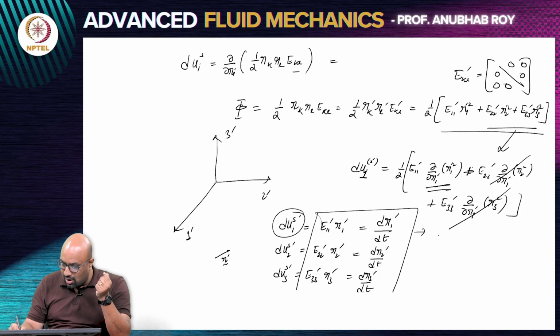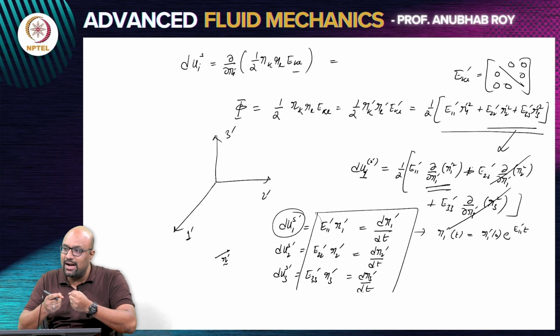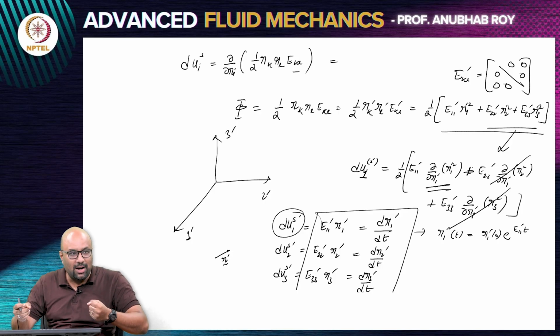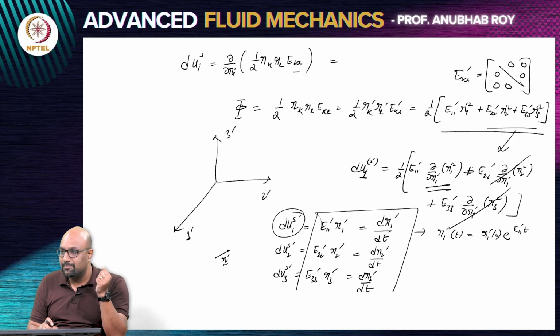If you solve this equation, r1 prime of t is r1 prime of 0 times e to the power E11 prime t. So, based on the sign, the 2 points are exponentially pulled apart or compressed.